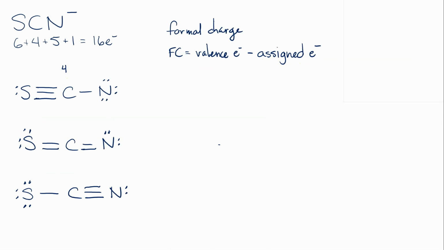When we were talking about octets, all the bonding electrons that are shared with an atom counted. When we're doing formal charge, it's going to be all of the non-bonding electrons, but because we're effectively double counting the bonding electrons when we're doing the octet rule, we need to only use half of the bonding. Each atom gets half of the electrons that they're sharing.